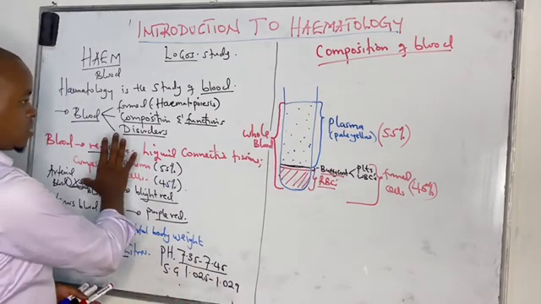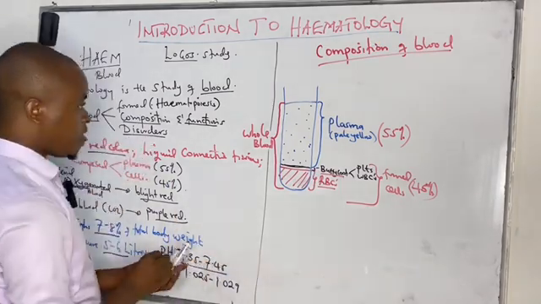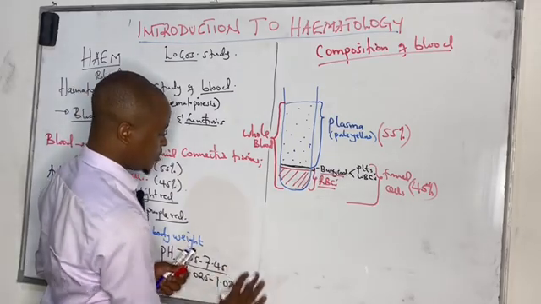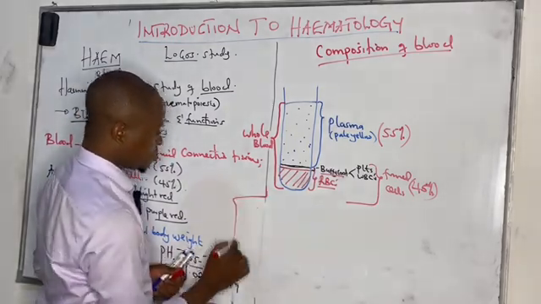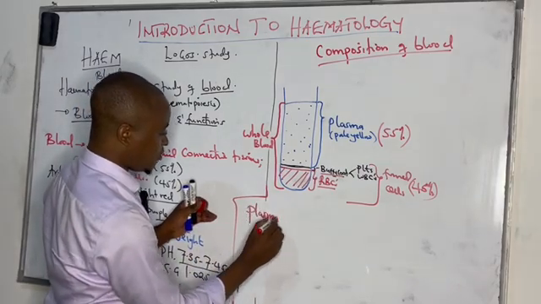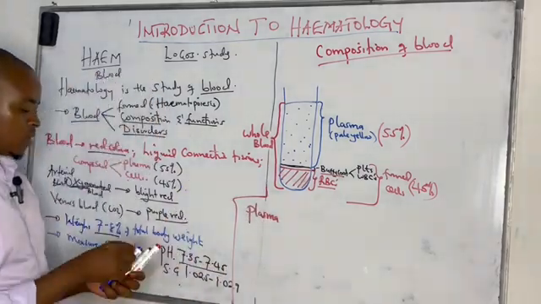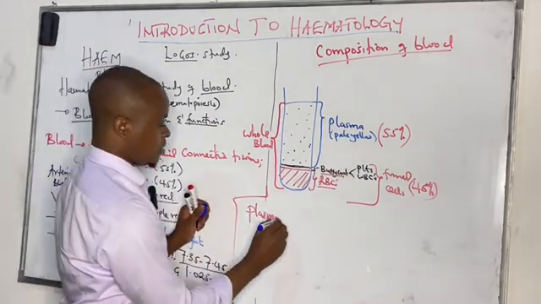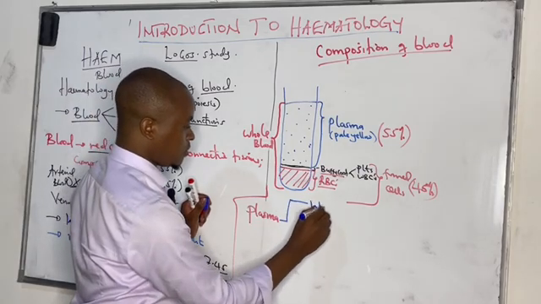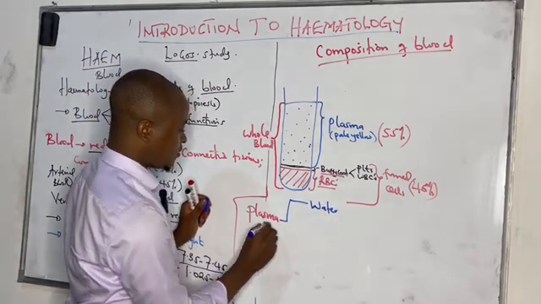So you'll allow me, the plasma components, I put them here. If we have plasma in the body from blood, this plasma contains water. We said this is 55%.